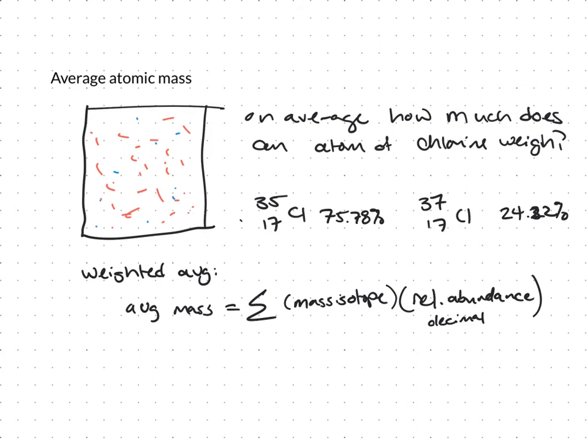For chlorine, given the data that I have up there, I know that the mass of the isotope chlorine-35 is approximately 35 AMU.